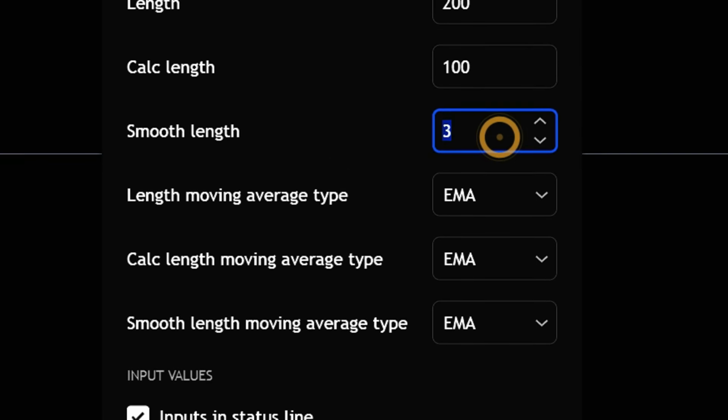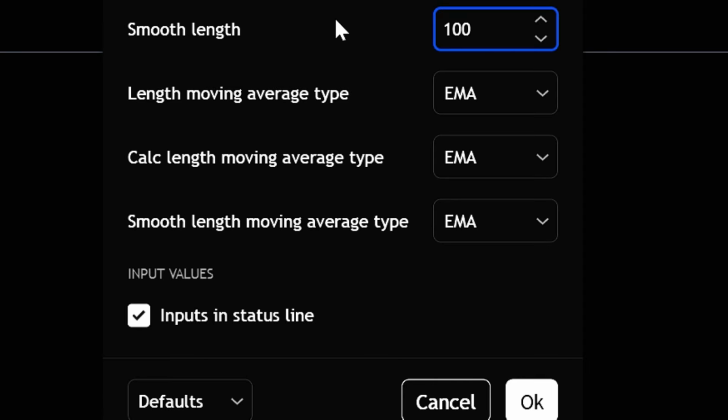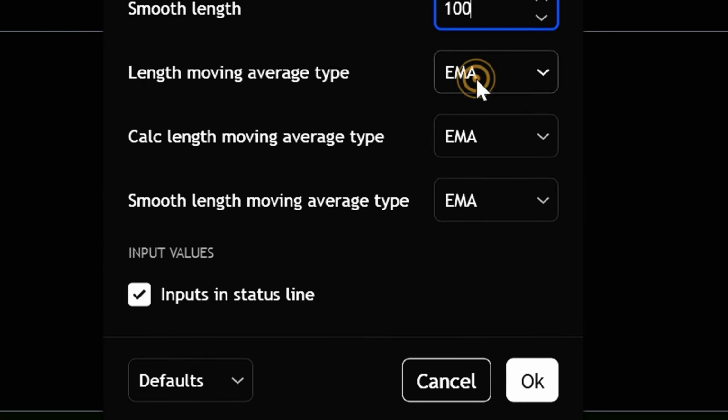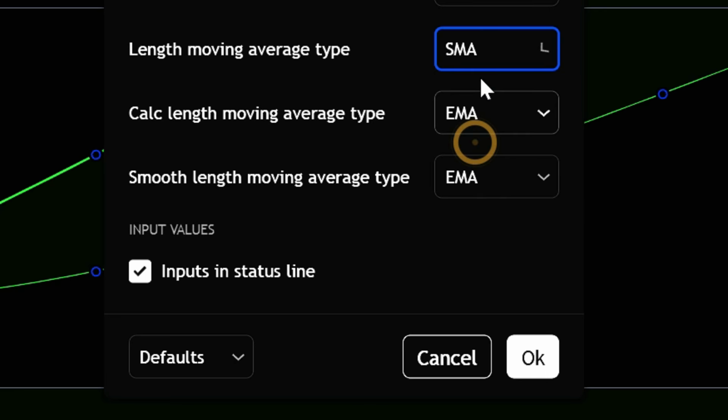Do the same with the smoothing, also 100. Next, switch the moving average length type to SMA, but leave the rest on EMA. Easy enough, right?